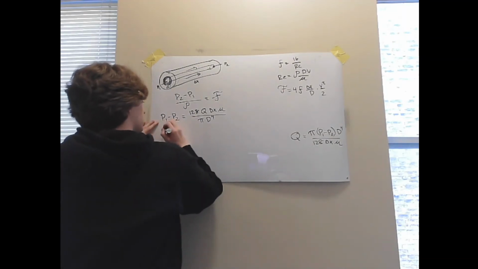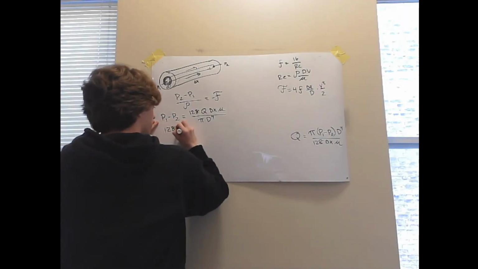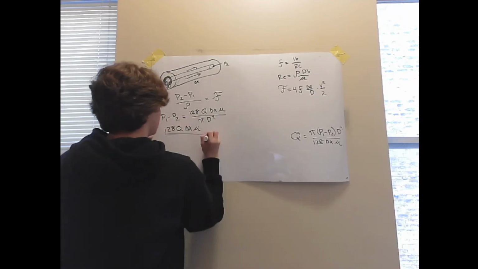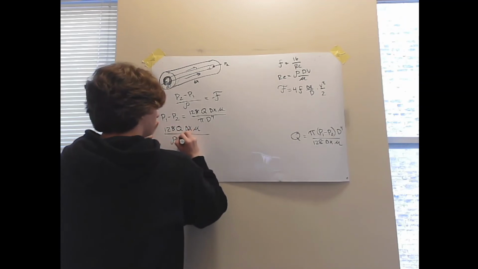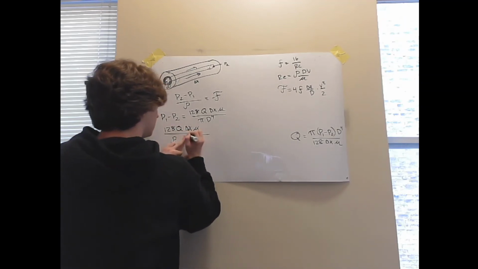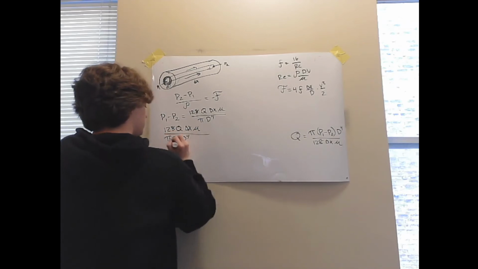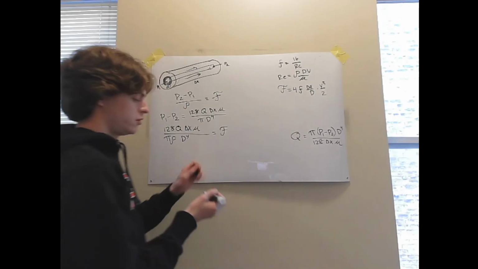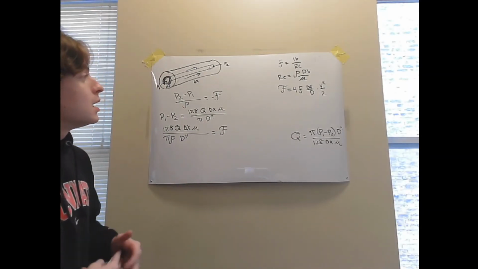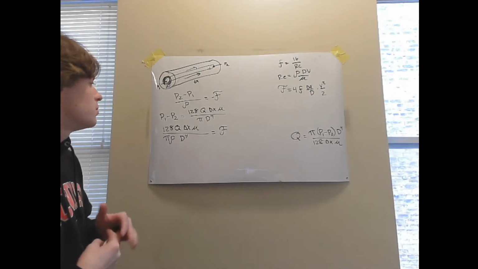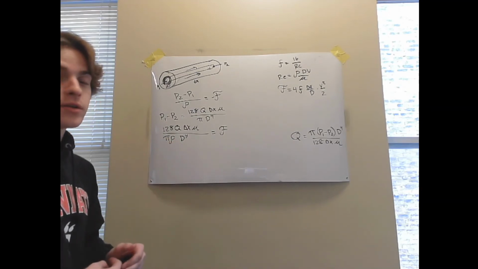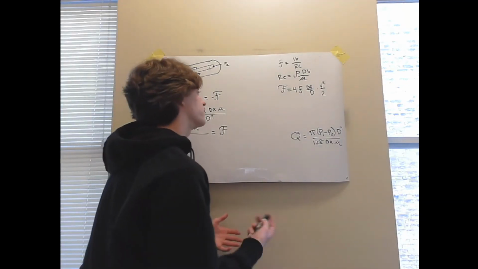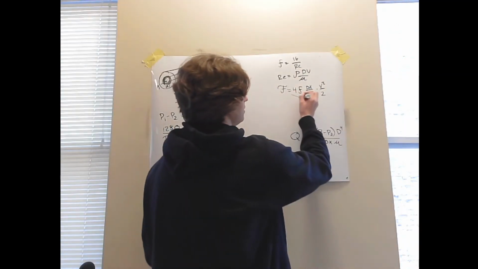So we're going to have 128 times Q times the length of the pipe times the viscosity of the fluid over our density of the fluid times pi times d to the fourth. And this is going to be equal to our frictional heating coefficient. And so from here, to put this in terms of our fanning friction factor, oftentimes in engineering the frictional heating coefficient is expressed as this.